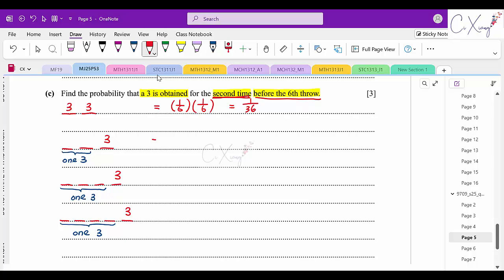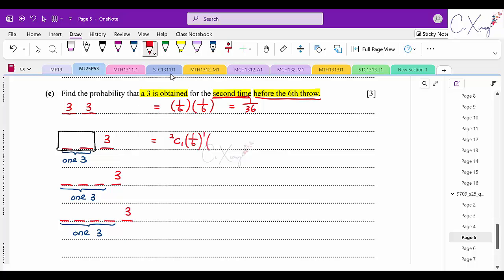Okay, then how about for the second case here? You need to take note that in the first 2 throws here, I got 1 3. That means you have 1 success in the 2 throws. You can actually treat these first 2 throws as a binomial distribution, where it should be 2C1, 1 over 6 power 1. The success case is a 3, and 3 means probability 1 over 6.